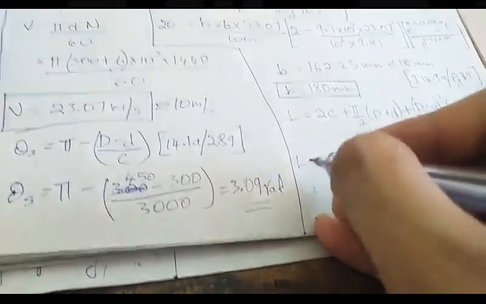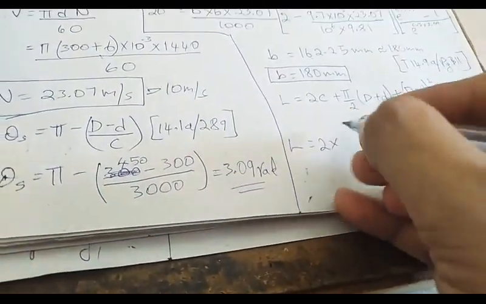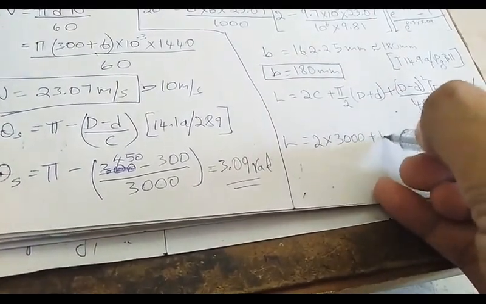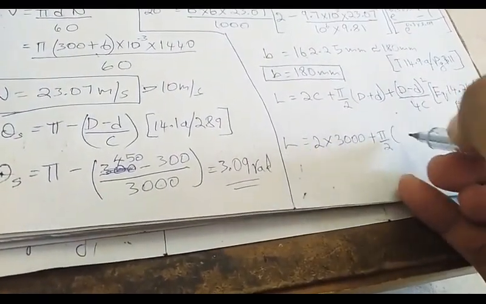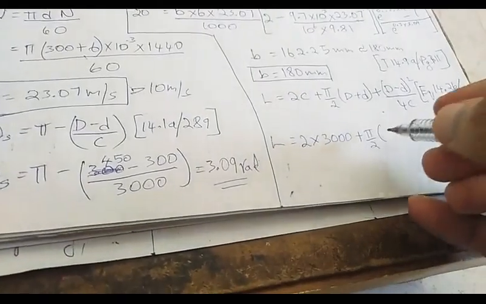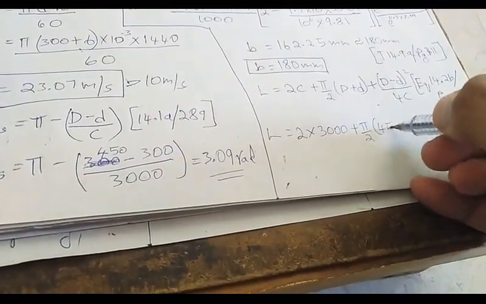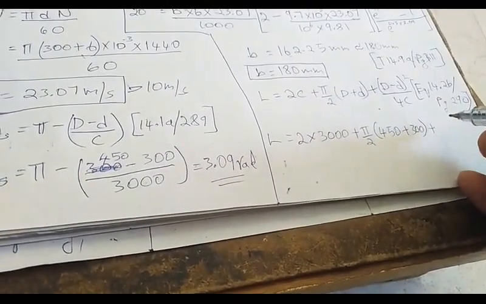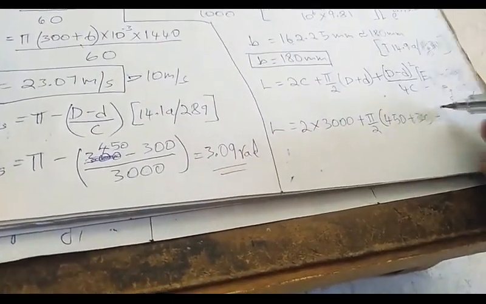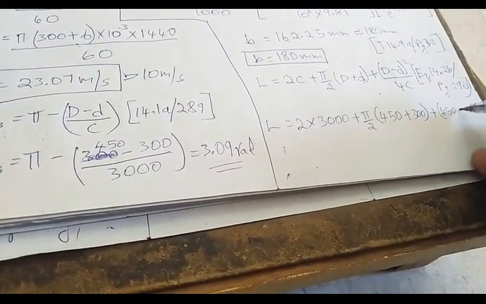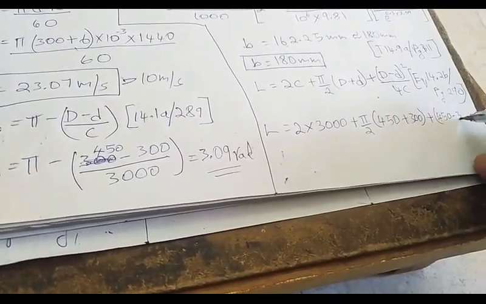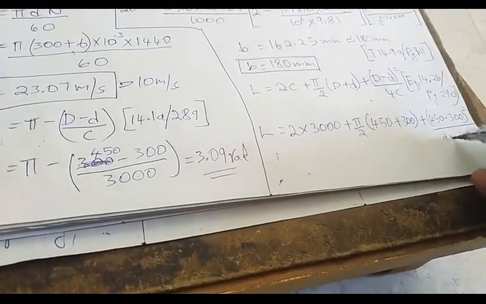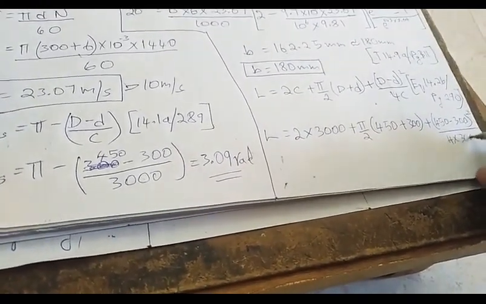So the length of belt for open belt drive is 2C, where C is 3000, plus pi by 2 into (D plus d), plus (D minus d) whole square by 4C, with C as 3000.